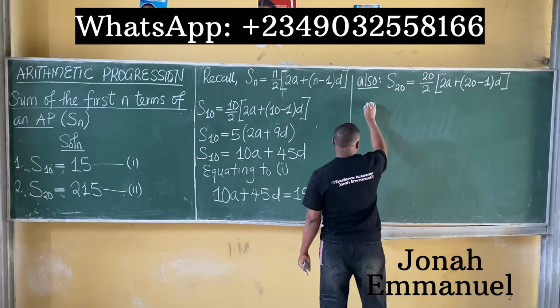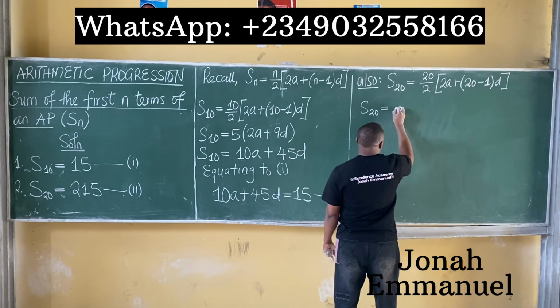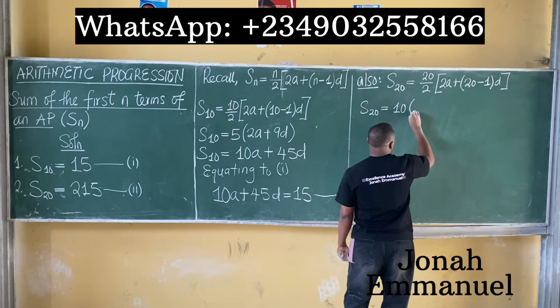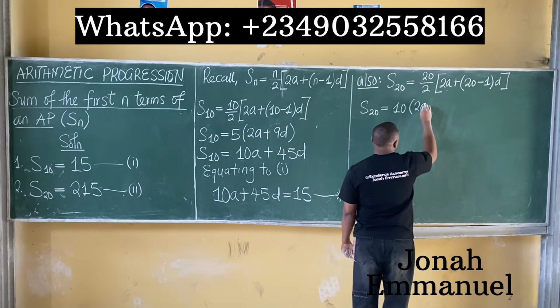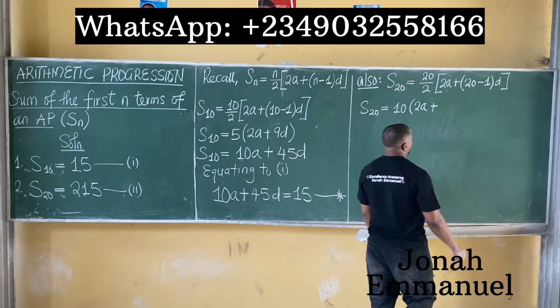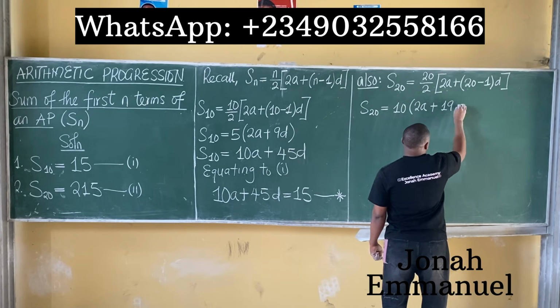From here, S20 is equal to 20 over 2, which gives you 10. 10 into 2a plus, we have 20 minus 1, which is 19, and then d.